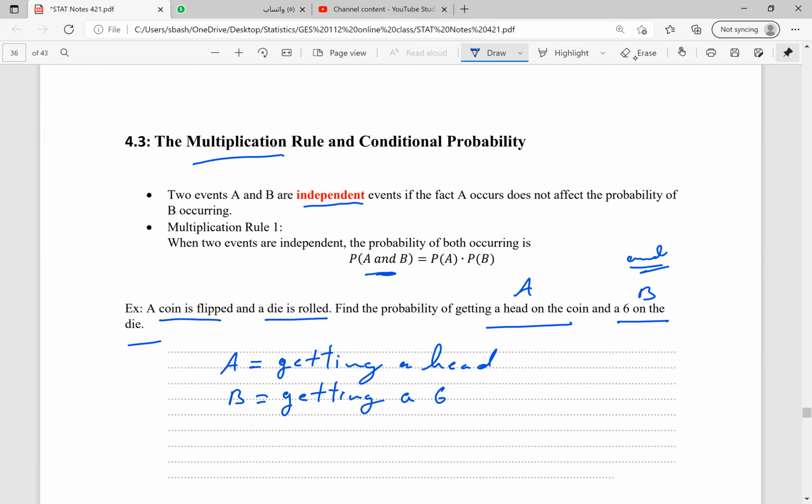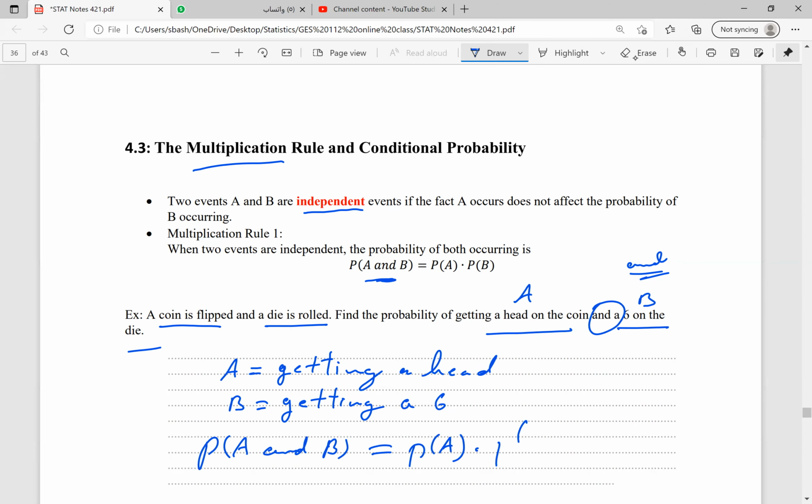Now I need to find P(A and B). Since they are independent, P(A and B) is equal to P(A) multiplied by P(B).